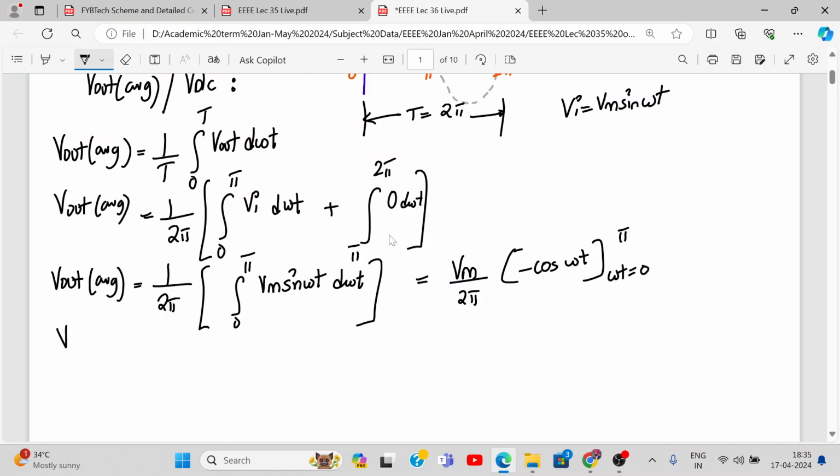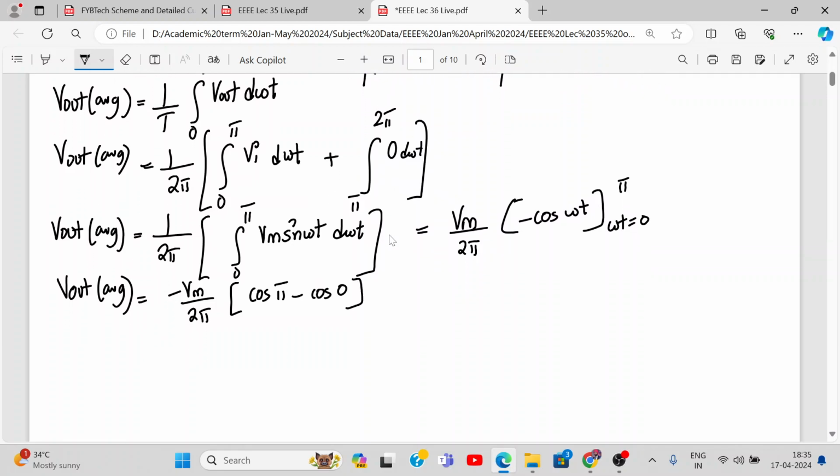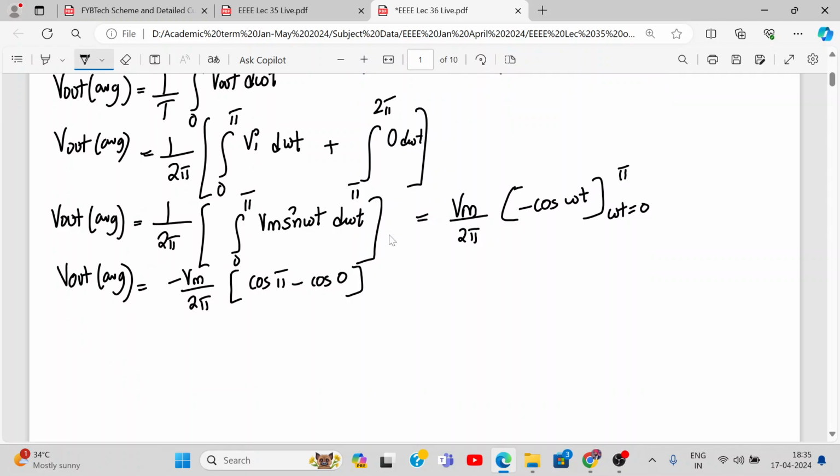So V out average will be minus Vm by 2 pi. Let's take the minus out, so it will be cos pi minus cos 0. What is cos pi? Minus 1.